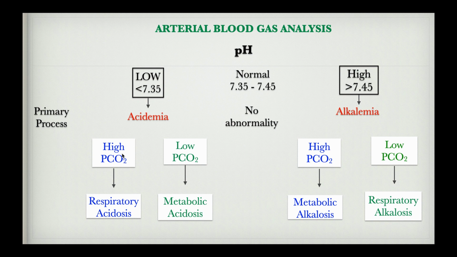And so, anytime the pH goes in the opposite direction to the carbon dioxide, the disorder is respiratory in origin. And anytime the pH and the carbon dioxide go in the same direction, we say the disorder is metabolic in origin. And so over here, the pH is low, we have acidosis, and we have a high carbon dioxide, meaning they are going in opposite directions.